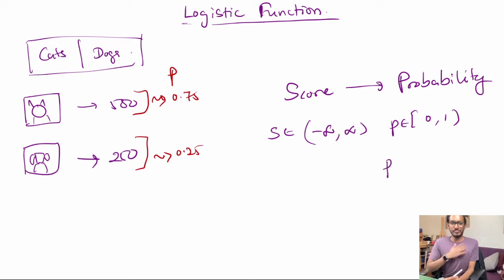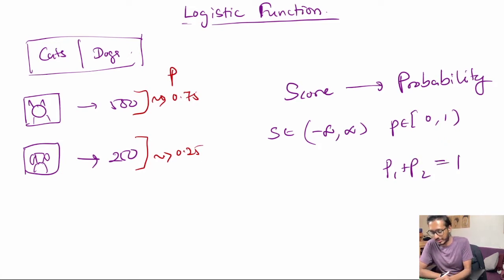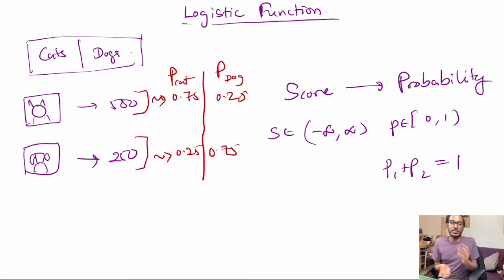And there's a special case with probability that P1 plus P2 should be 1, because ideally we are calculating two probabilities. When we are looking at this, we want to know the probability of this being a cat and the probability of this image being a dog. So they should be the complement of each other.